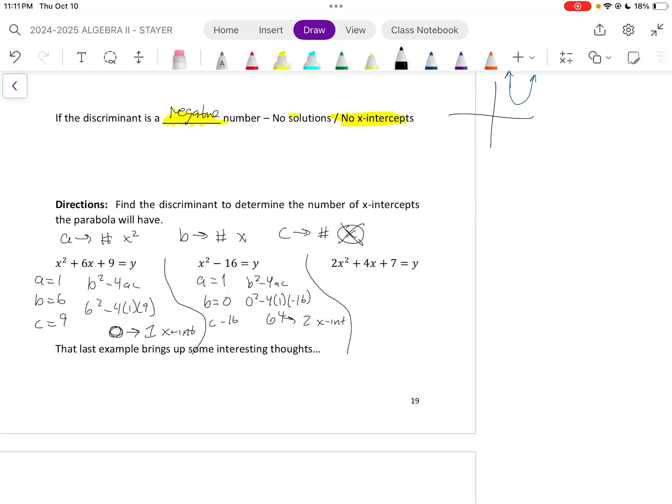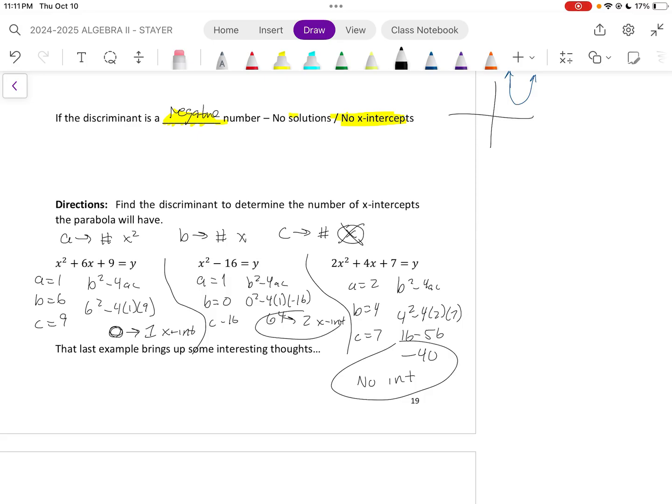And the last one here, if A is 2, B is 4, and C is 7, b squared minus 4ac, so that's 4 squared minus 4 times 2 times 7. Again, we could just use our calculator, but it looks like it's just going to be 16 minus 56 or negative 40. That is no x-intercepts, right? The number is negative, so therefore I can't have any x-intercepts.